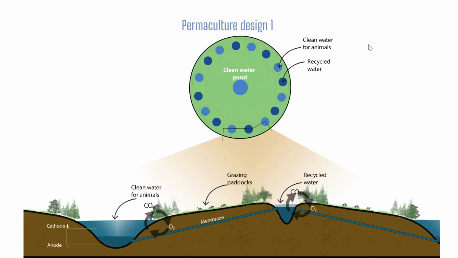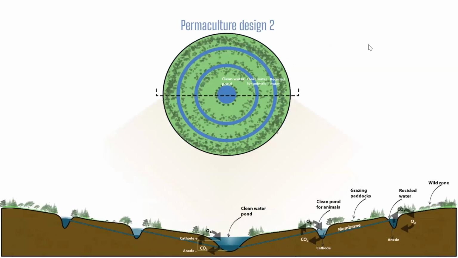So you can think about the relative horizontal and vertical relationships of different landscape components in terms of whether you get enough organic content input to make it an anode, or whether you're going to have enough plants to convert the CO2 into oxygen to have clean water as your byproduct. So another possible solution or design out of different ways of using this concept is to rotate this prototype 360 degrees.